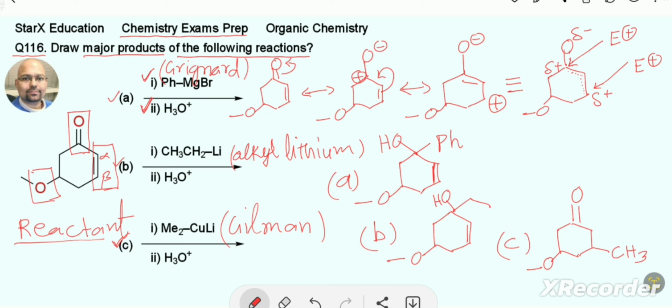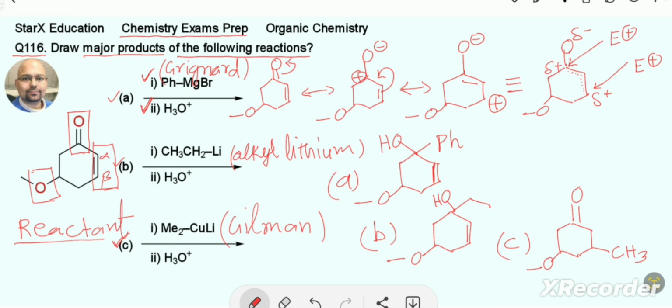This conjugate addition is also called 1,4 addition. If the nucleophile reacts directly on the carbonyl carbon, it is called nucleophilic addition, or 1,2 addition. And if the nucleophile adds on the beta carbon, then it is called 1,4 addition.